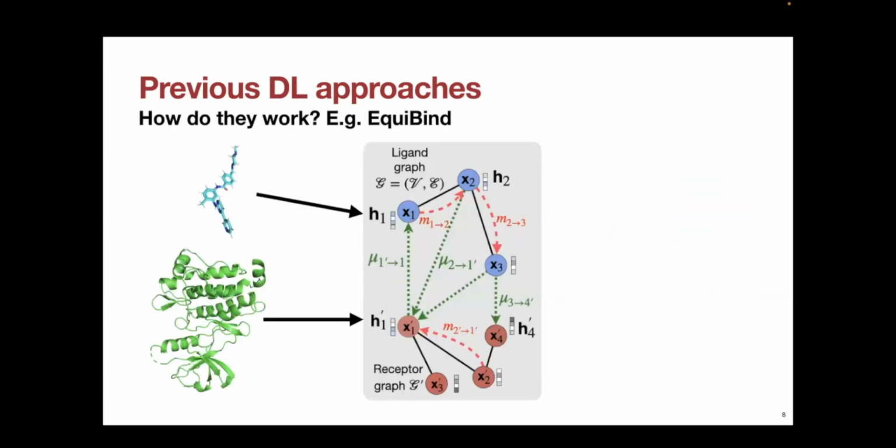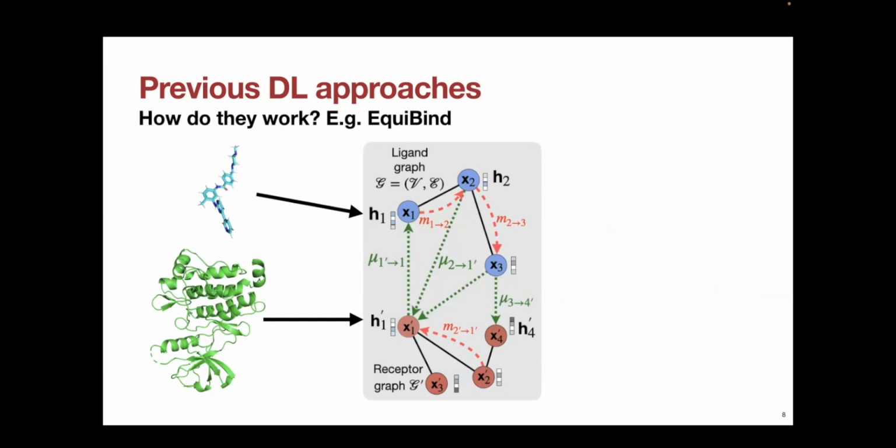So far, we've seen regression-based approaches, where the deep learning method would have some sort of graph neural network where the nodes of the protein are given by the protein residues, the nodes of the small molecule are given by its atoms, and they are also associated with locations. Then we would do some message passing.